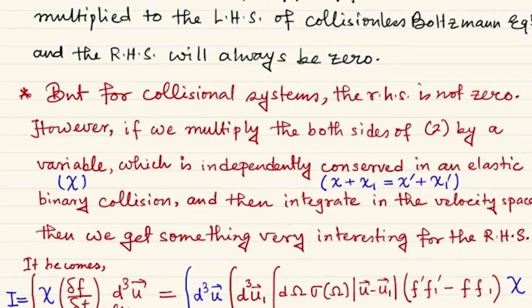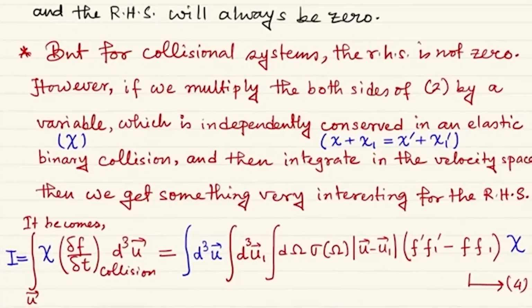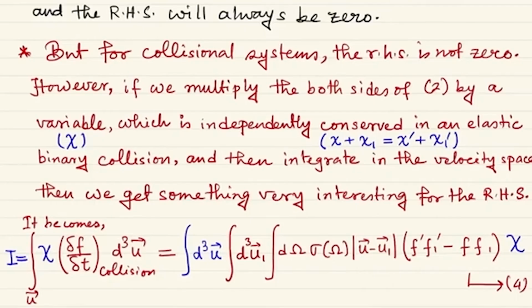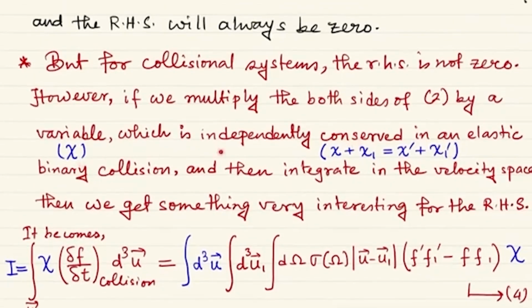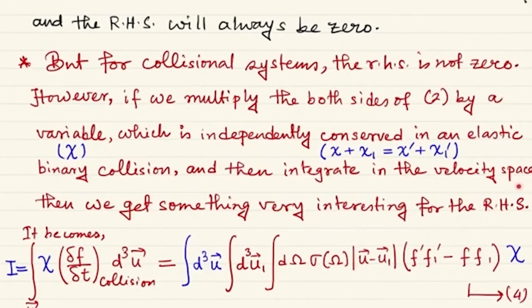At least for binary collisions, to get rid of the collision integral in the moment equation, we multiply with some independently conserved quantity, let's say chi, for example the components of velocity or the kinetic energy, and then integrate in the velocity space.